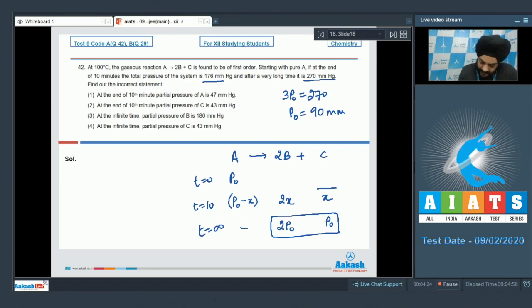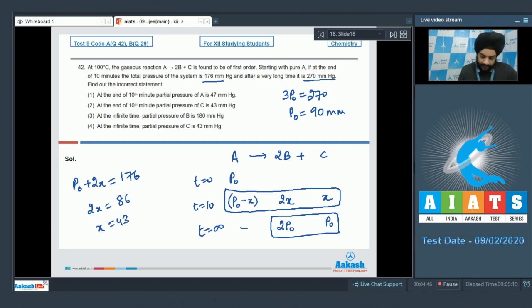So we have this pressure. Okay, so if we add these pressures, students, we're going to have P naught plus 2x, and that was equal to 176. Okay, if we put the value of P naught over here, so P naught value is 90. So it means that the value of 2x is equal to 86. It means that the value of x is equal to 43.